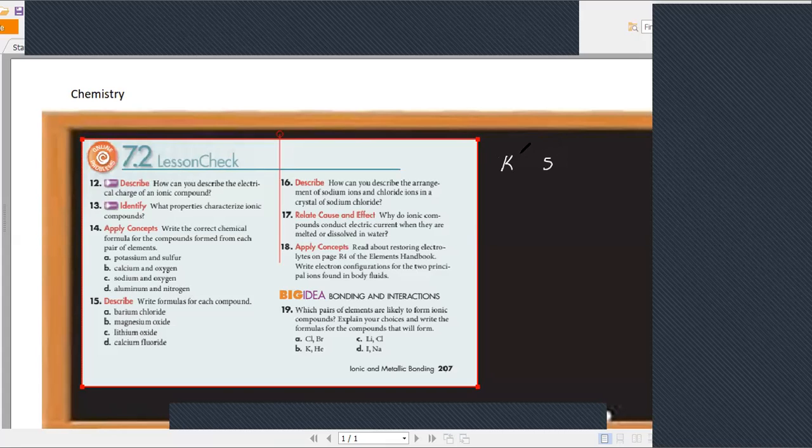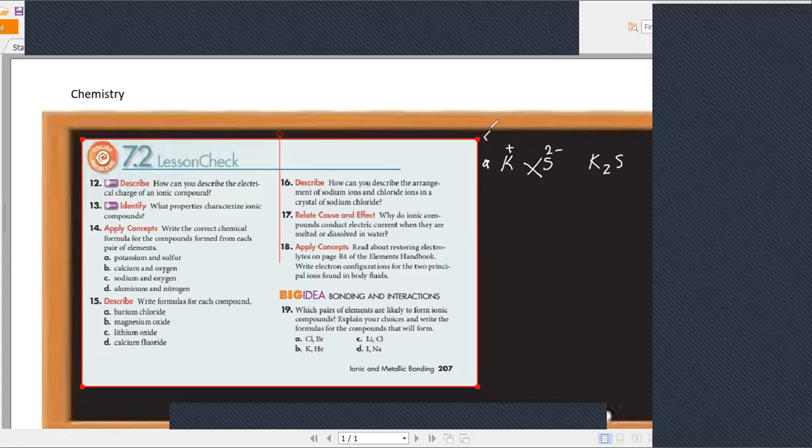K is going to be one positive charge, and the sulfur is going to be -2. So you do the cross multiplication like this, and it's going to be K2S. This is for A.